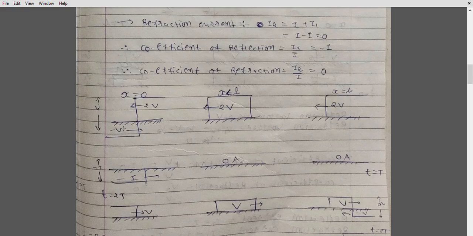Obviously the source is going to maintain the voltage V only, and that is why the source is going to send the voltage minus V and the current minus I from the sending end, and it will travel along the line to the open circuit in the forward direction.